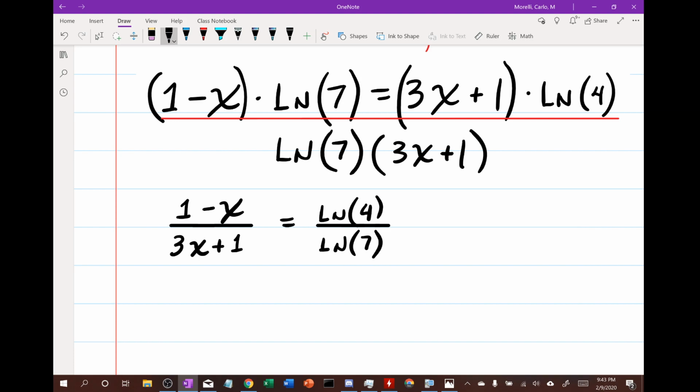So the question is, how do we get x by itself in this situation?